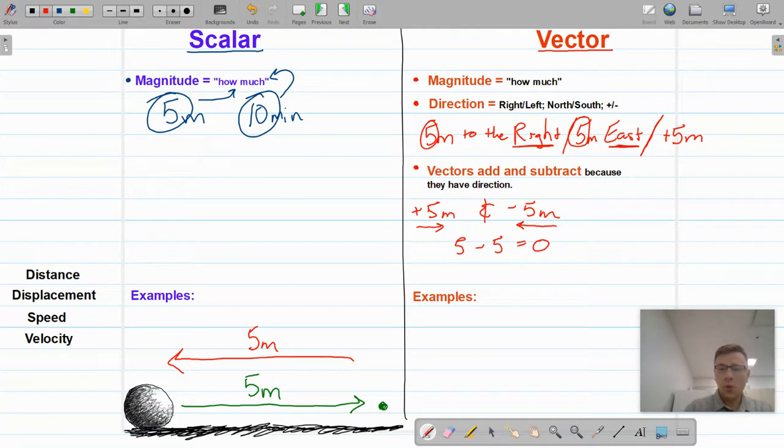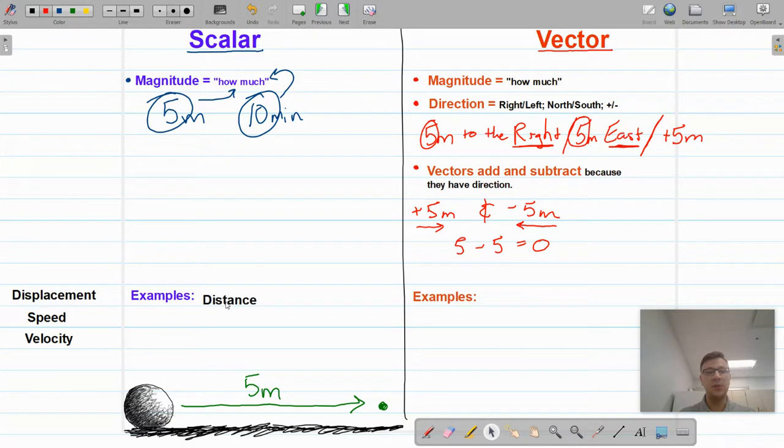So I'm going to go ahead and erase this part right here. I've just got some examples over here, and these are things that we're about to start talking about. Things like distance and displacement; I've already been talking about it, but distance is a scalar quantity. What we wrote up there, 5 meters, would be a scalar quantity.